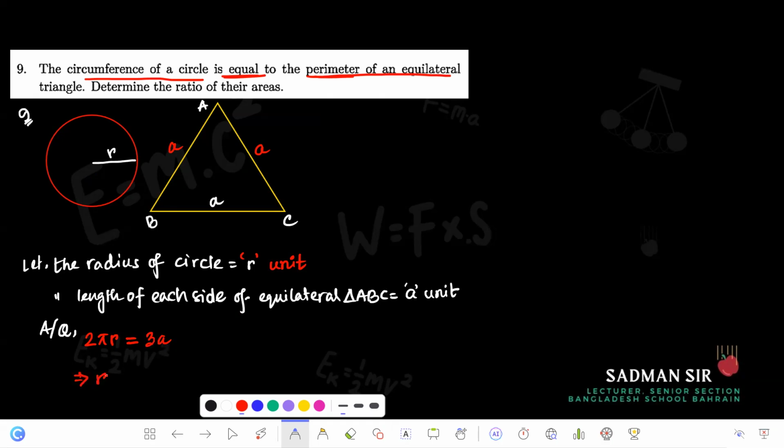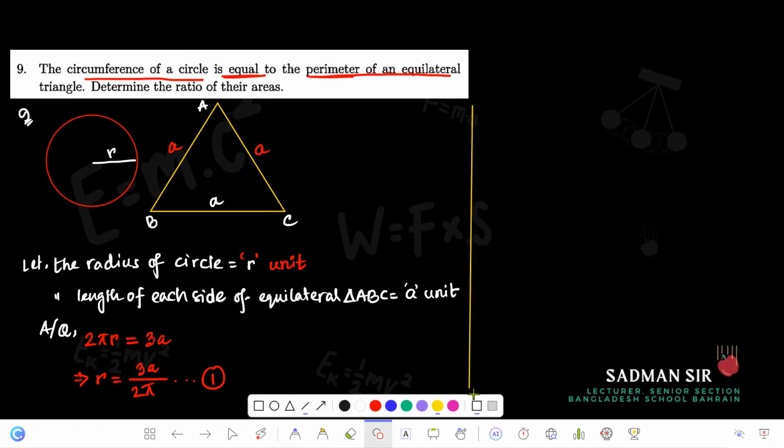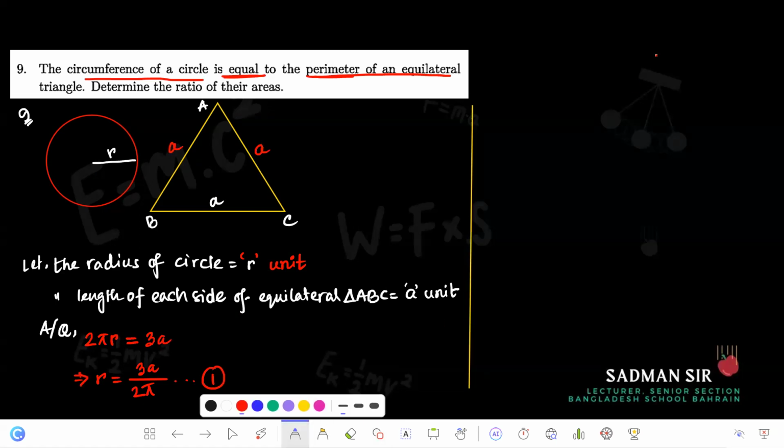So from here, r equals 3a divided by 2 pi. If I change the side, the 2 pi is multiplied, so it will be divided by 2 pi. Okay, consider this one as equation 1. Now we will move on and continue our rest of the calculation. For that, we need to read what they told us to calculate. They told us to determine the ratio of their areas. Okay, so how to do it?